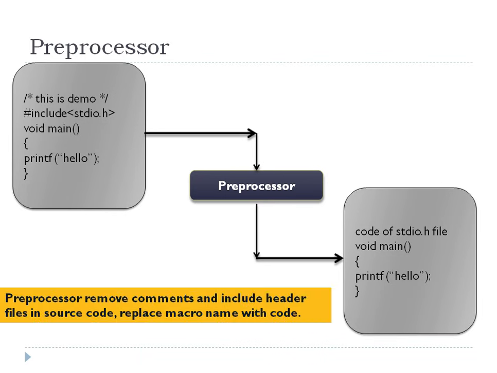So the preprocessor performs three tasks: remove comments, include header files in source code, and replace macro names with the code. Once the preprocessor is done with all these three tasks, a file is generated. In our case, this file is this one.